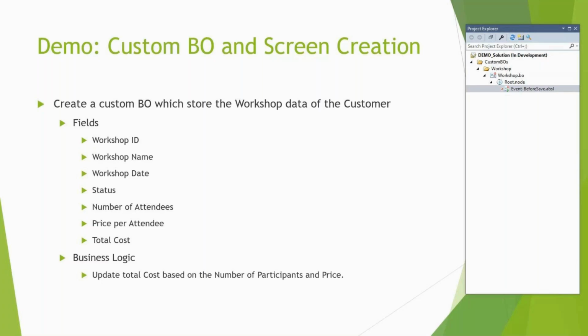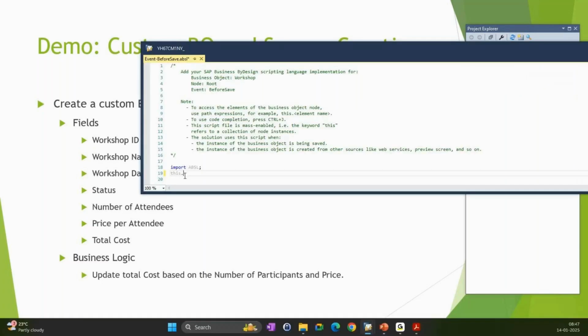So here this refers to a collection of objects. You can see get first or get by index, so it will fetch multiple instances at a time. Here we are not getting the elements directly. The first thing we need to do is for each workshop in this.